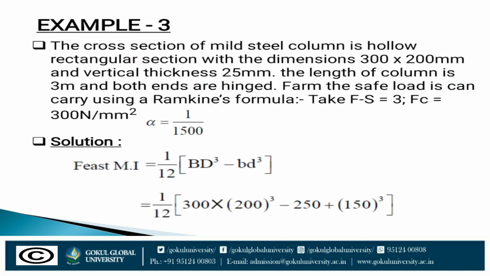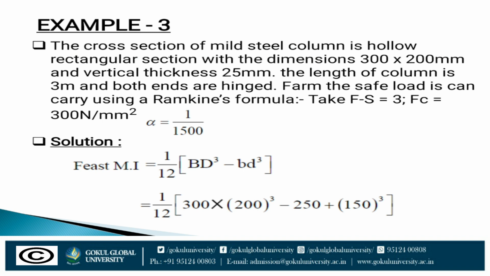These three examples give you different ideas about how to identify the crippling loads, Euler's loads and safe load. Last one. The cross section of a mild steel column is a hollow rectangular section with a dimension of 300 by 200 mm and thickness 25 mm.